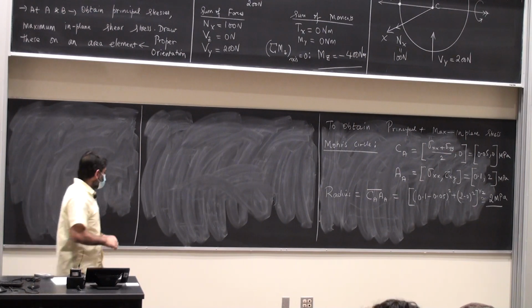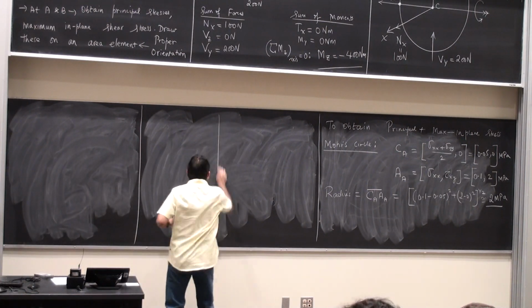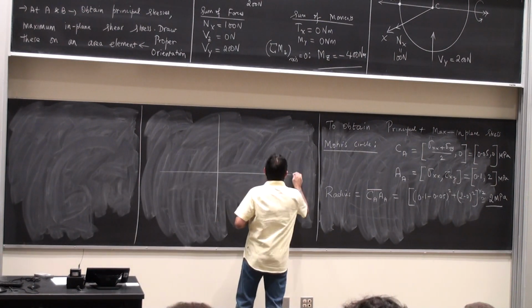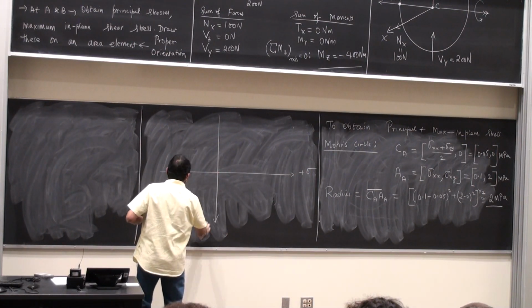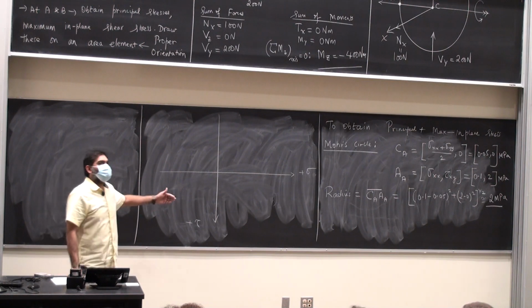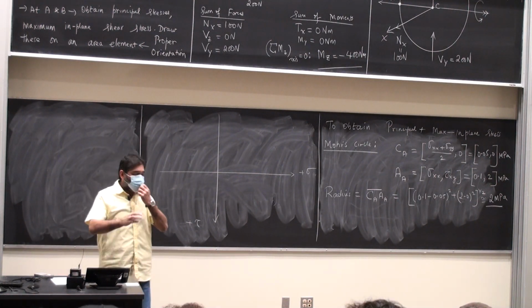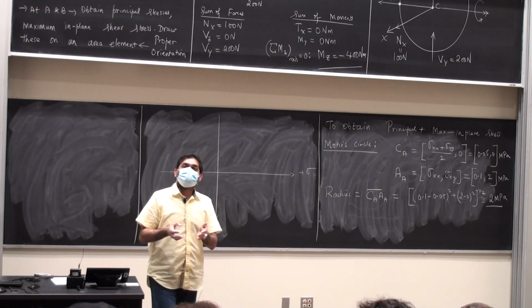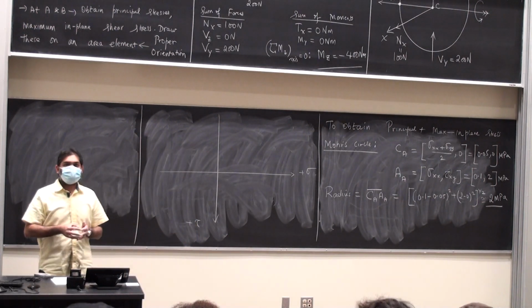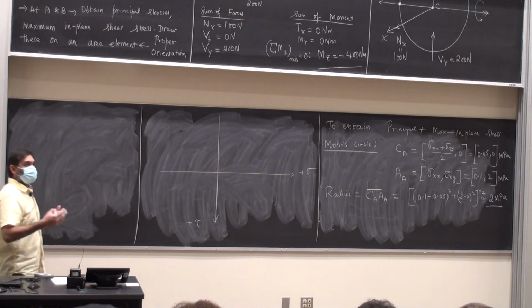Okay, so plus tau, plus sigma. Why is sigma positive in the negative vertical direction? Because only if you do it will the Mohr circle give you results that are consistent with the derivations. This is just a graphical technique.